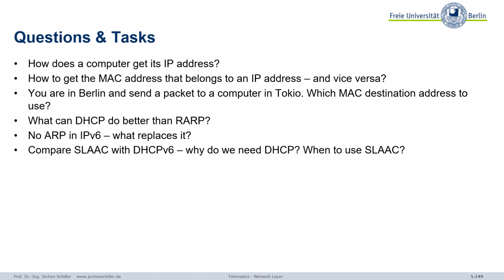And if you now compare stateless address configuration with DHCP version 6, why do we need DHCP? Can't SLAAC solve all these problems? So when could we use this maybe simpler version, and when could we use this more complex version, DHCP?